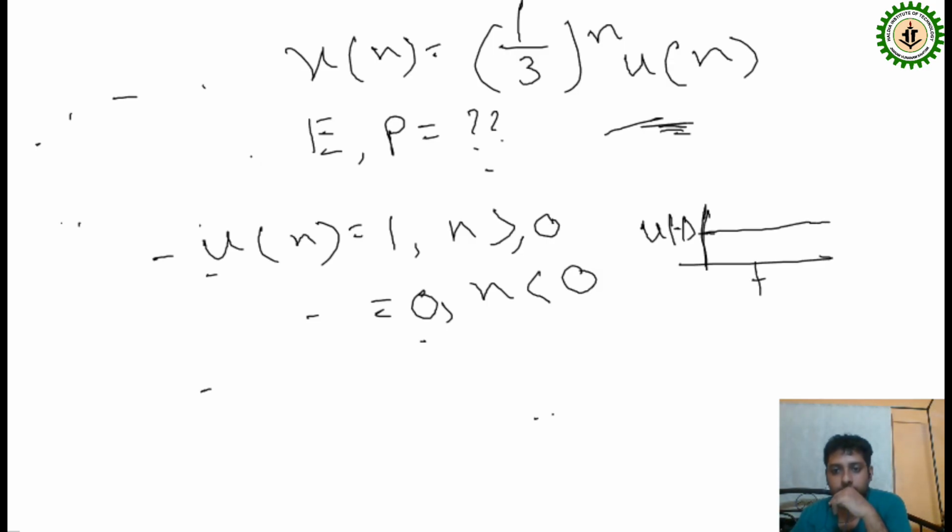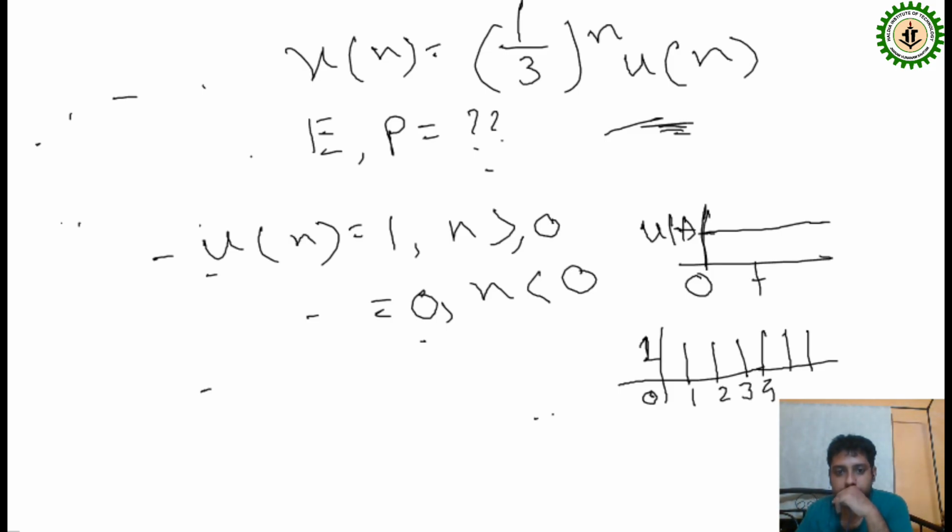That is, it is only defined for t greater than or equal to 0. Now if we define it in discrete domain, that is in n domain, it will look like this. That means it is only defined for n is equal to 0 and n greater than 0, and for all these cases the value is 1. It is the unit step function.